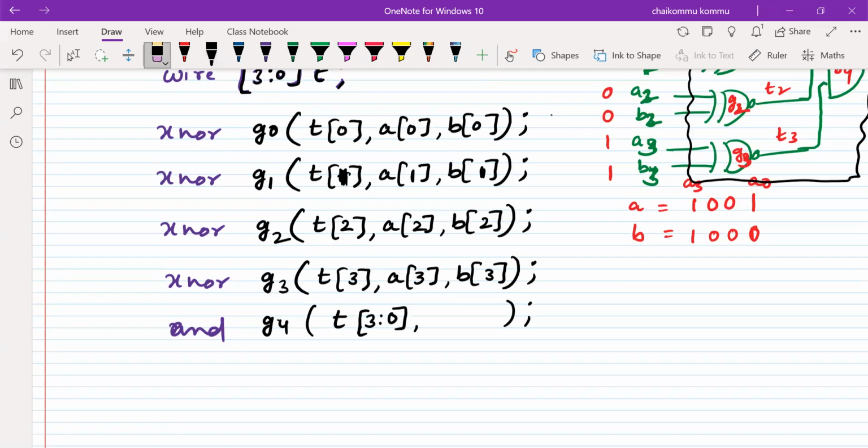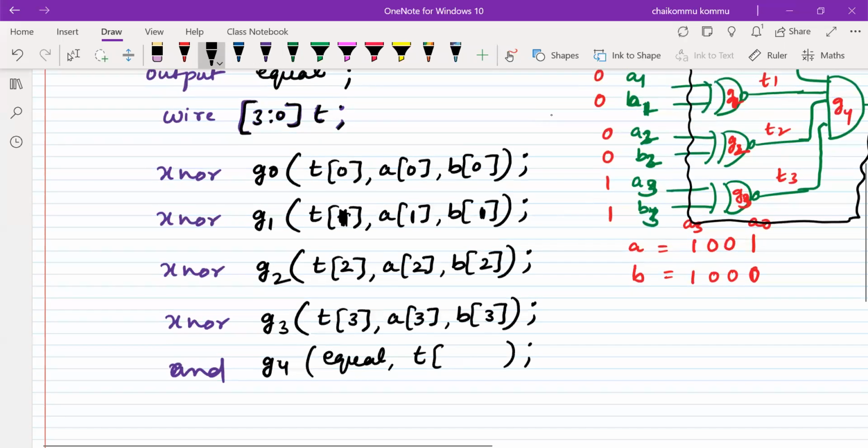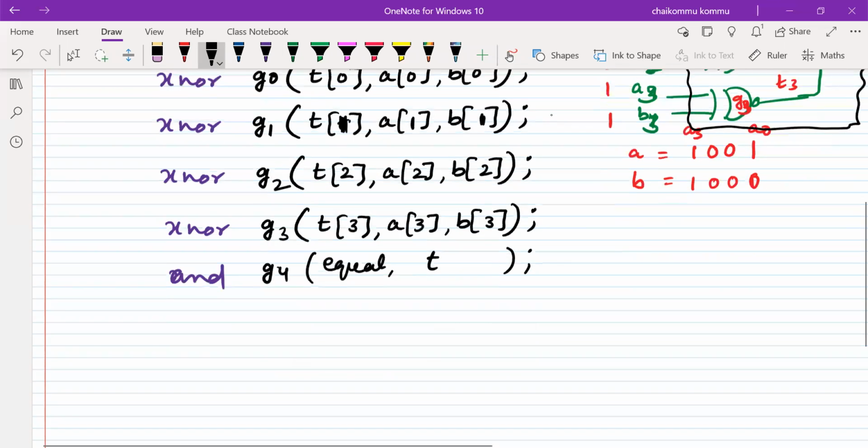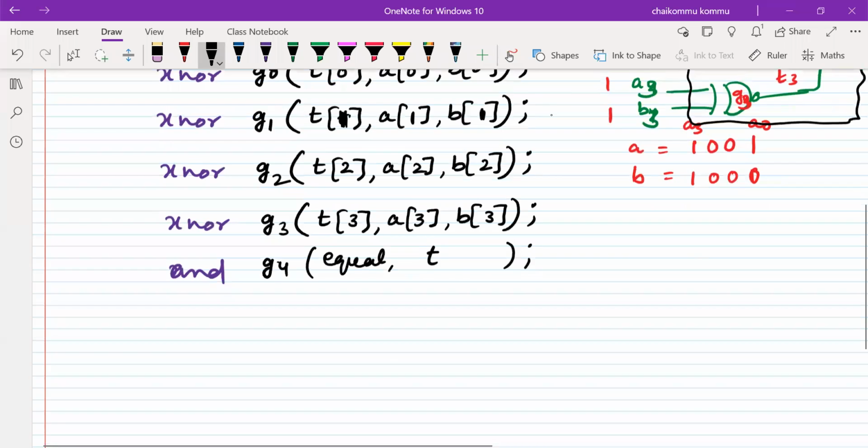Sorry, output first, equal, comma, T. Actually the range 3 down to 0 is not necessary to write. We can write T directly, because T is already available as a vector. Therefore I can write T directly. That's the meaningful way that we'll write it.